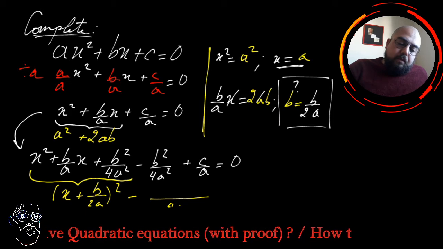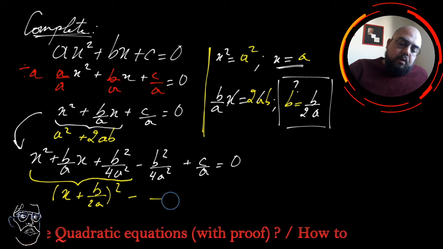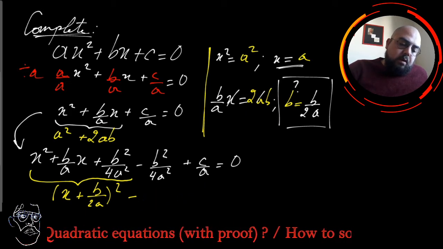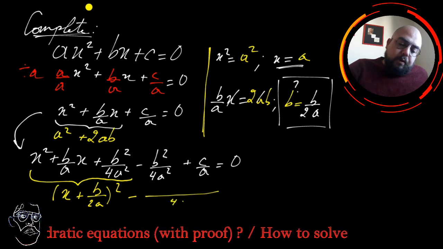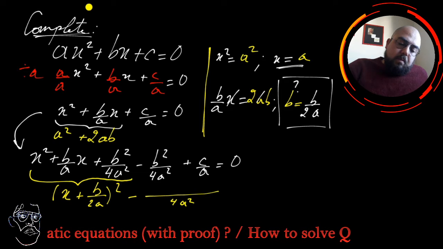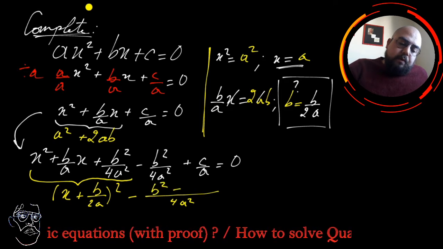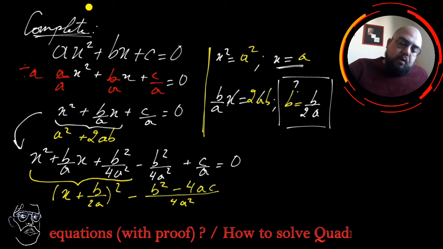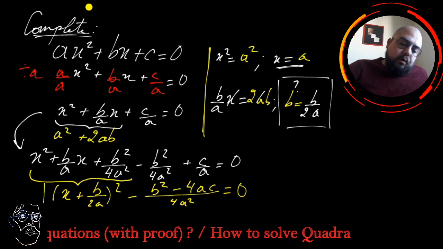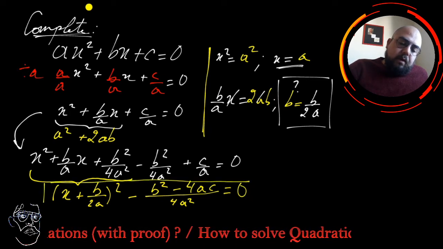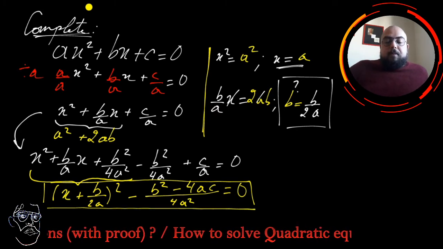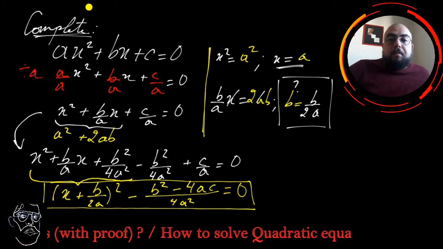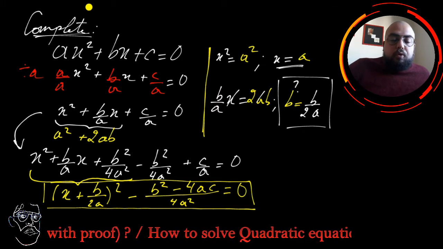So in case I'm gonna do the common denominator, it will be b squared minus 4ac over 4a squared. So this is the equation that I should find finally. This equation actually represents the last part where I can discuss about the existence of roots.